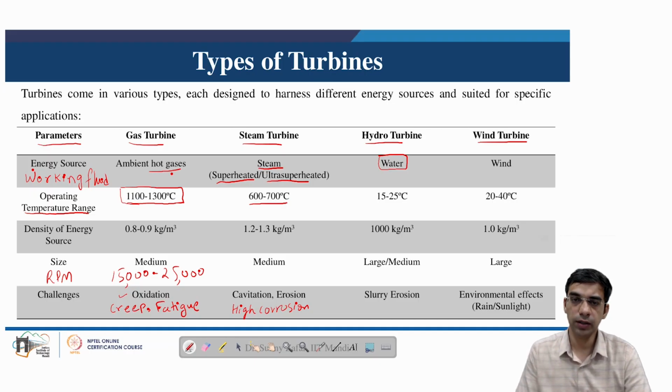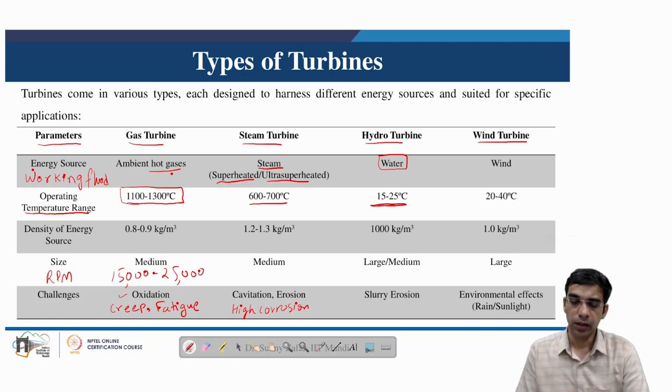In India, all the rivers originating from the Himalayan mountains offer this capability, and we have several hydropower plants in the mountainous states of the country. The operating temperature range in the case of a hydro turbine is 15 to 25 degrees centigrade, because water is available at this temperature in the river.